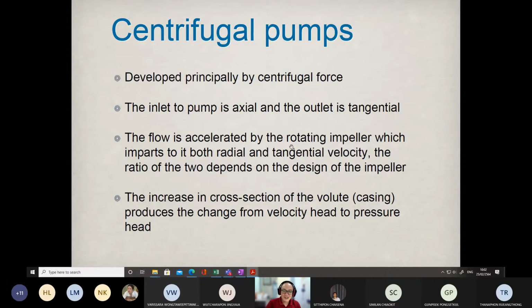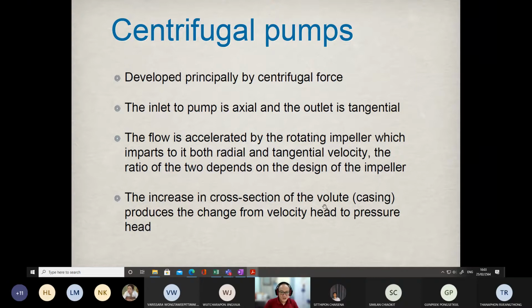The flow is accelerated by the rotating impeller. As I mentioned, this imparts both radial and tangential velocities. This ratio depends on how the mechanical engineers design the impeller.